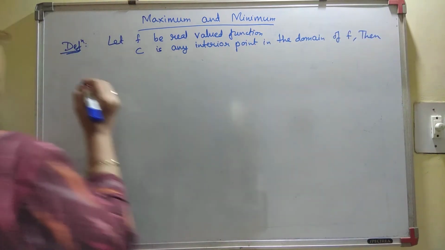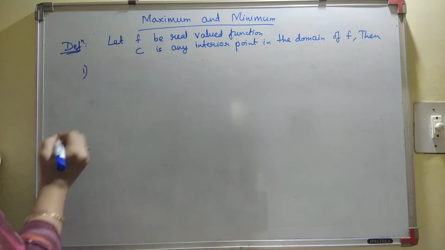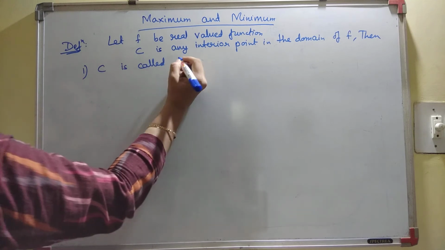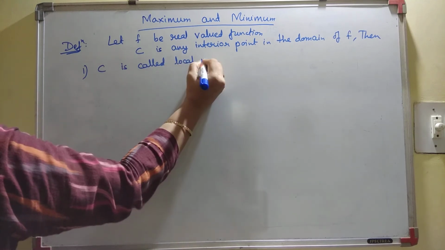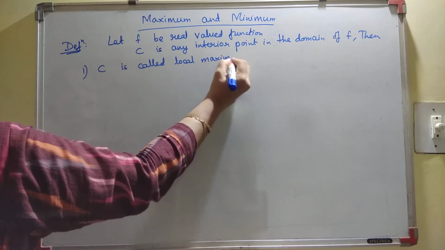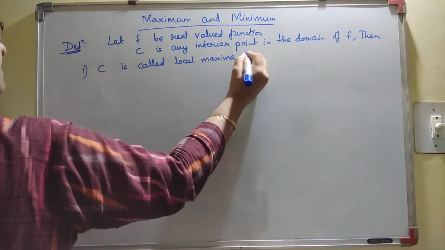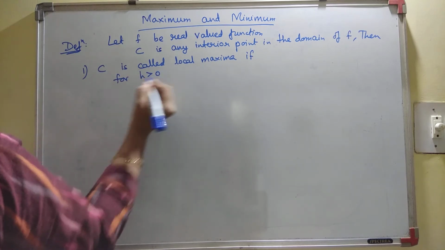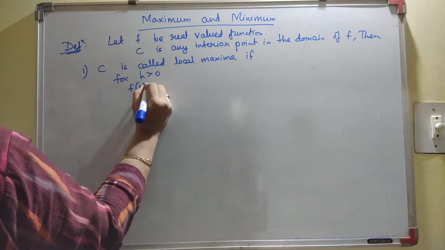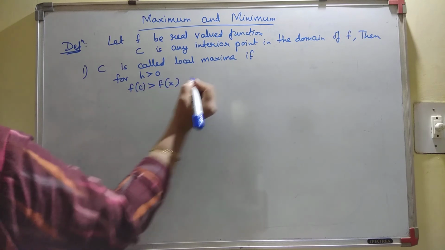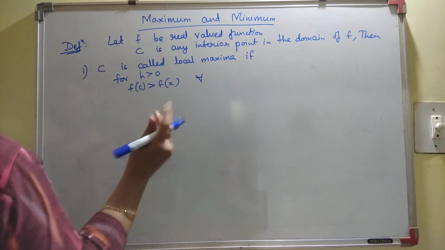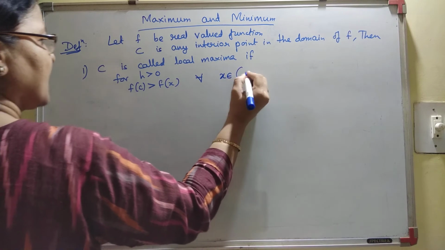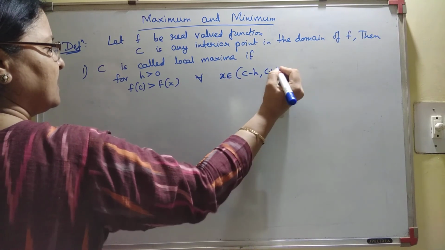Then first, C is called a local maxima if, for h greater than 0, f of c is greater than f of x for all x belonging to (c minus h, c plus h).